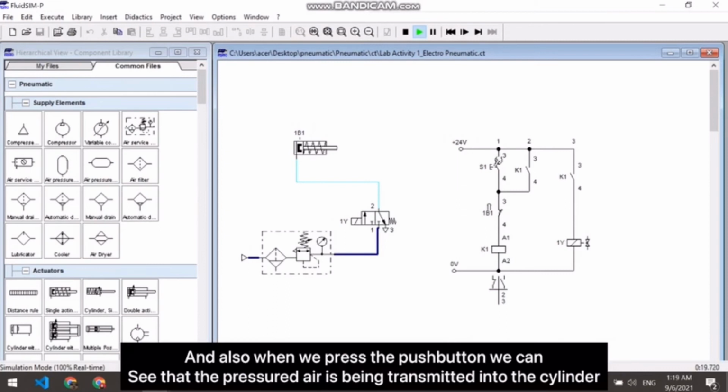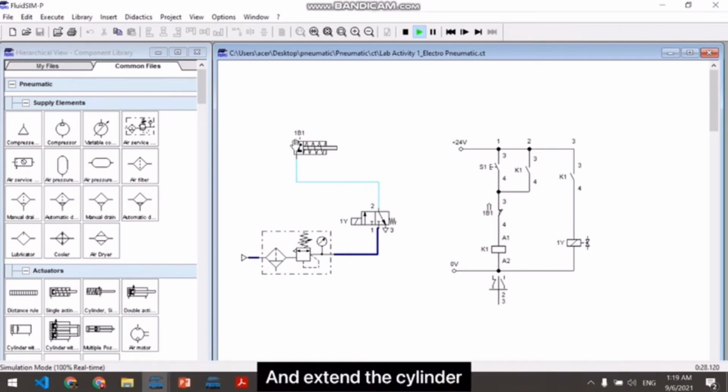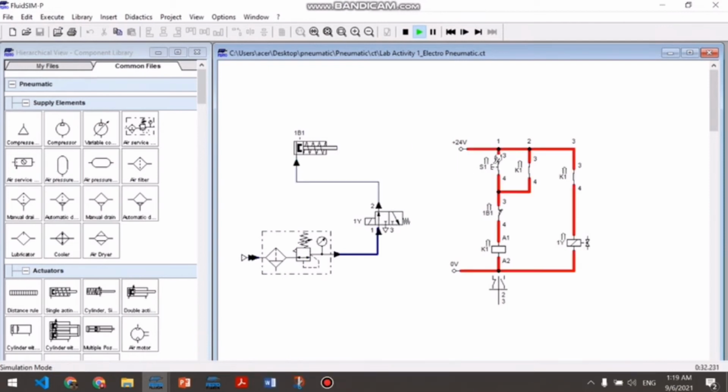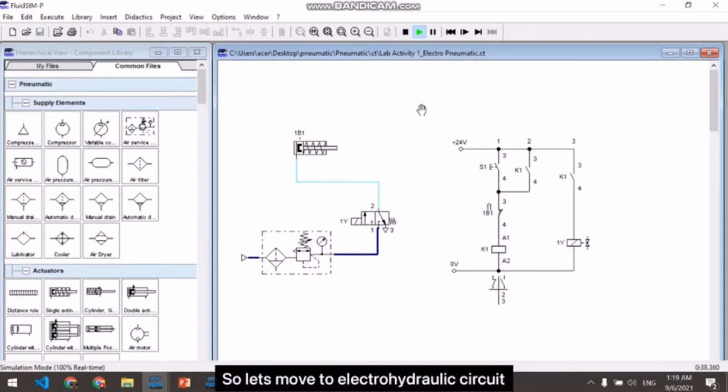Then there will be a pressure air flow from the valve into the cylinder, extending the cylinder. The cylinder is extended. So let's move to the electro-hydraulic circuit.